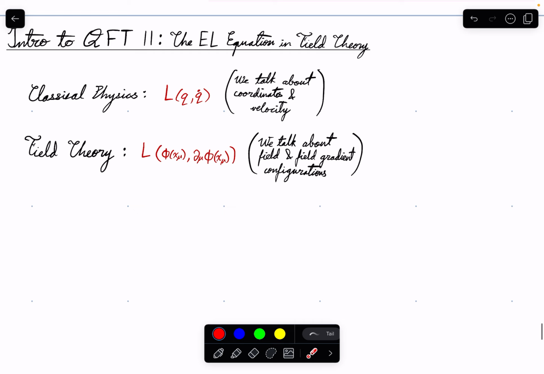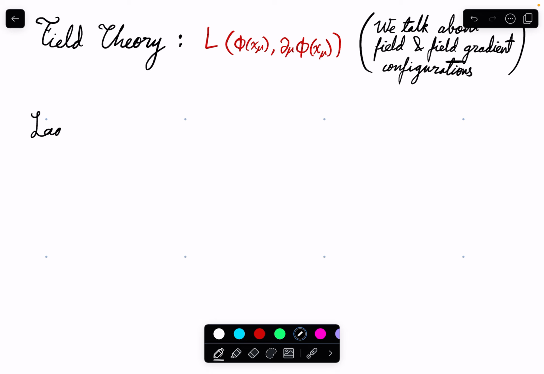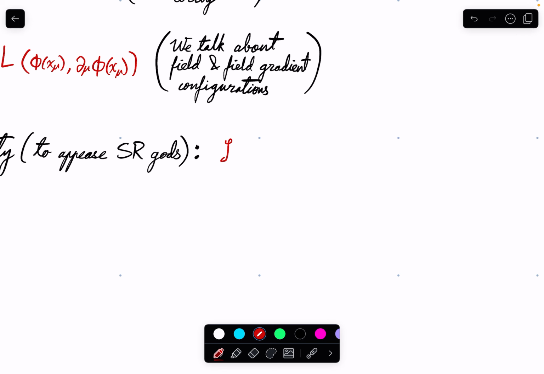So, to appease the gods of special relativity, the Lagrangian density is introduced. And this is typically written with a fancy L, and it depends on just the field and the change of the field, the gradient of the field.